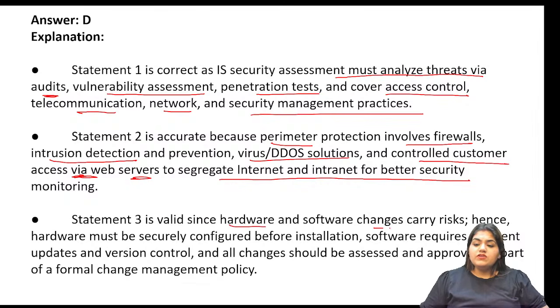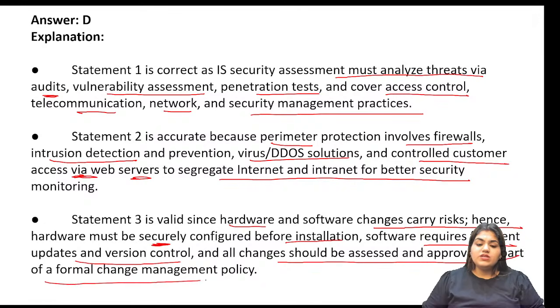Hardware and software changes carry risk. Hence, hardware must be securely configured before installation. Software requires frequent updates and version control. All changes should be assessed and approved as part of formal change management policy.